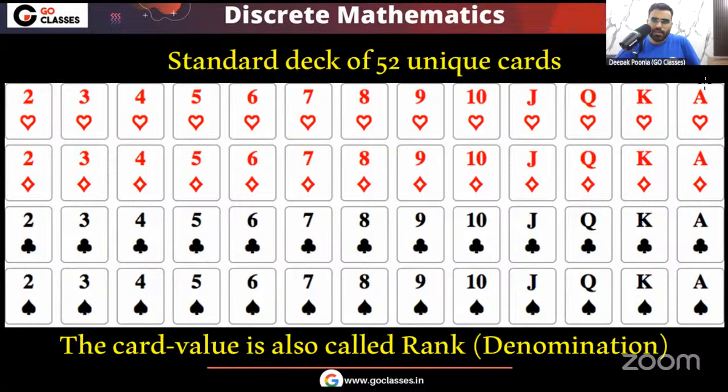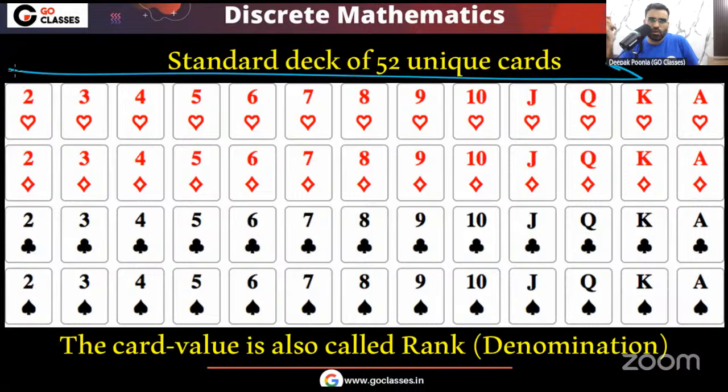Remember, there are some card games, in poker also, where ace is considered the lowest value, but in most games ace is considered the highest value. By default, in combinatorics and probability, we are going to assume that ace has the highest rank, denomination, or value.